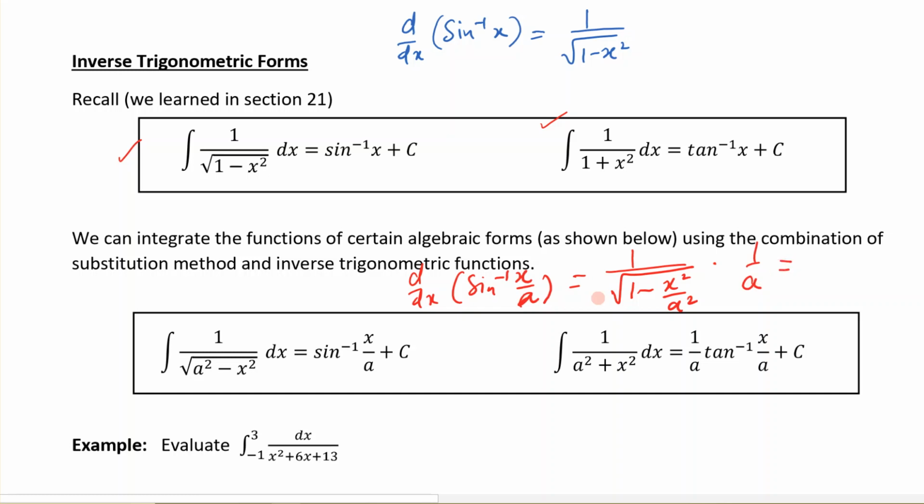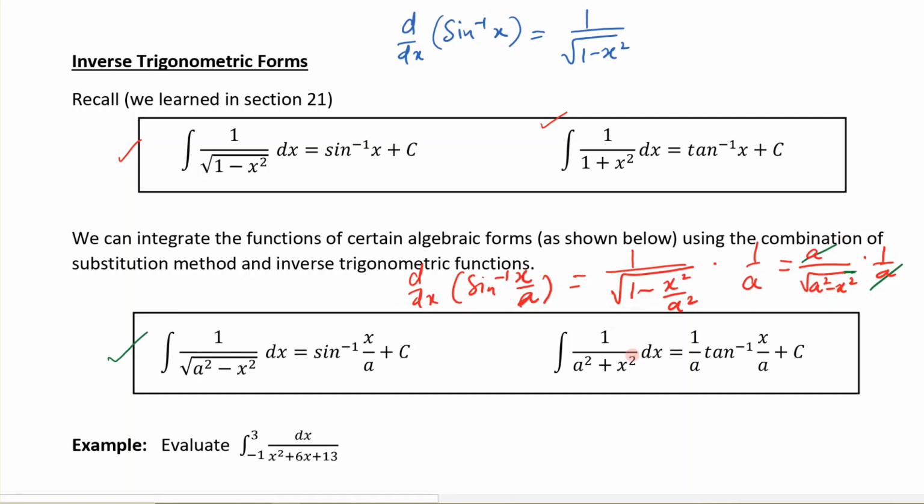And if you just do some algebraic manipulation, you will see that you get a over square root of a squared minus x squared, times 1 over a. So in this case, a and a cancel and you're left with 1 over square root of a squared minus x squared, and we get the corresponding integral formula.